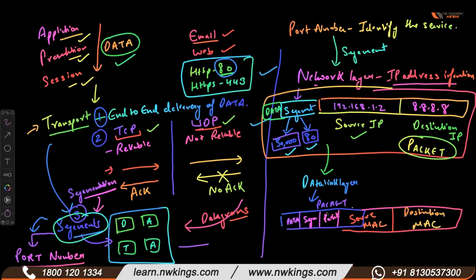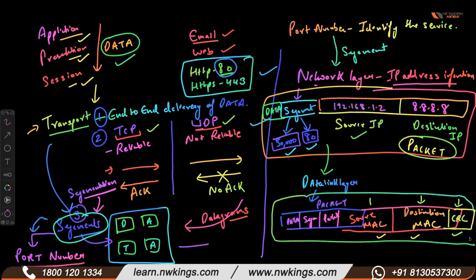There is also another piece of information to check for errors, called CRC, cyclic redundancy check. So these three things will be added here, and this complete information is called a frame.